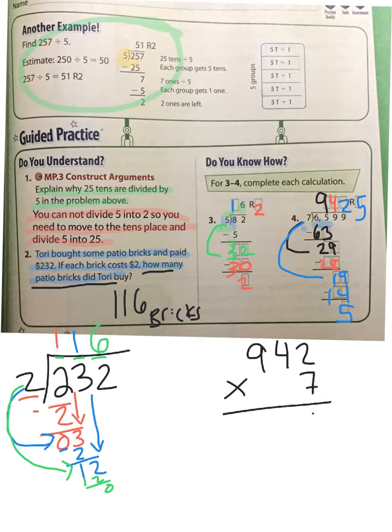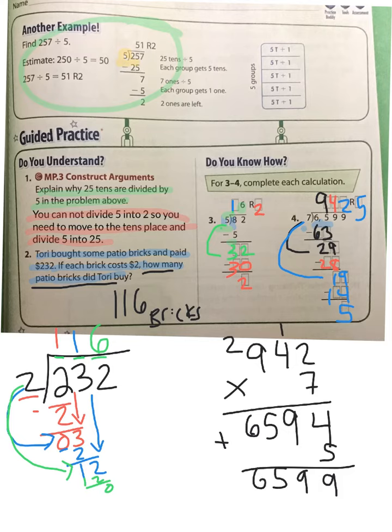So 7 times 2 is 14, regroup your 1. 7 times 4 is 28, plus 1 more is 29, regroup your 2. 7 times 9 is 63, plus 2 more is 65, and then we're going to add our remainder, which is 5, and we get a total of 6,599, which is the same as our dividend. If your answer is the same as your dividend, then you got it correct.